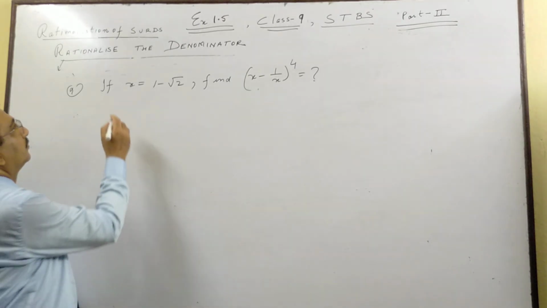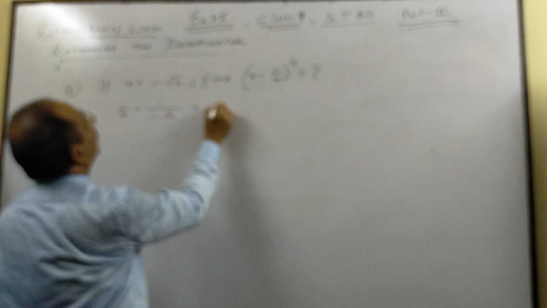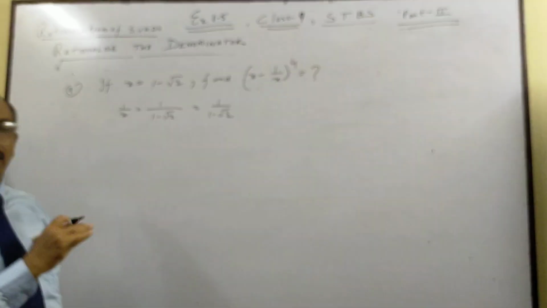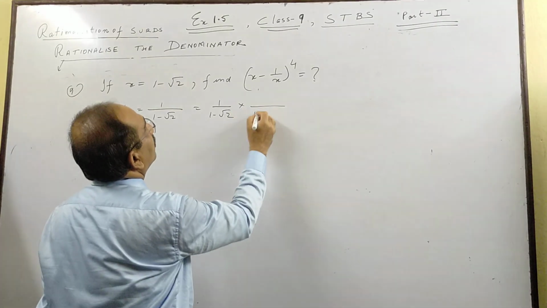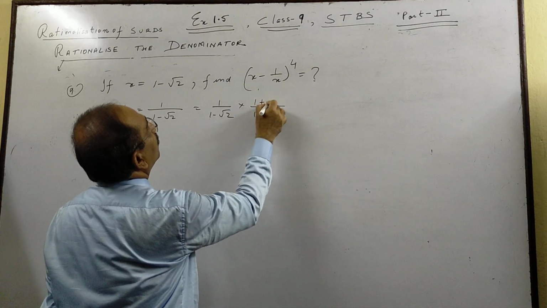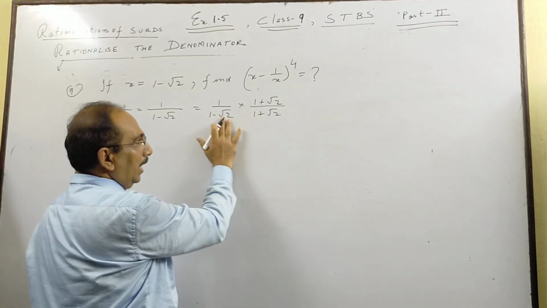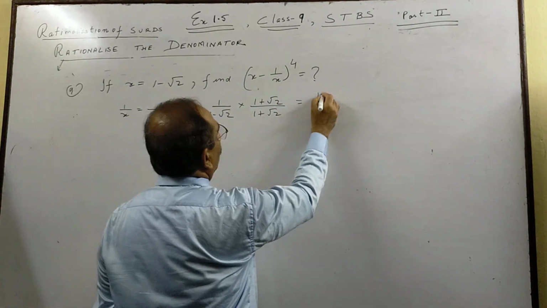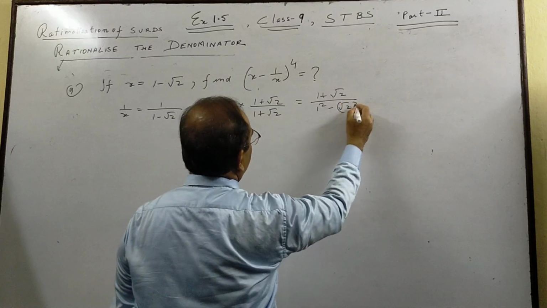So first, x is given, let us find 1 by x. 1 by 1 minus root 2 is equal to, here also what we do, any root in the denominator, if we remove it, then any solution you will get. So multiply with 1 plus root 2 in both numerator and denominator. Minus is there, first see the denominator, just the opposite sign, since this is the rationalizing factor, numerator also we do. 1 plus root 2 by 1 square minus root 2 square.